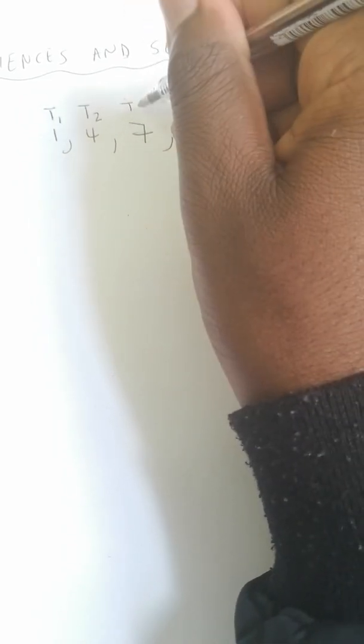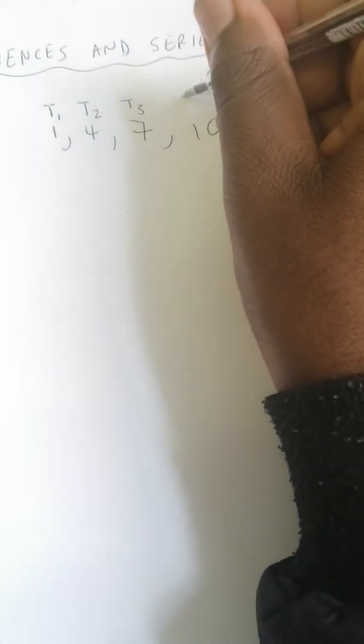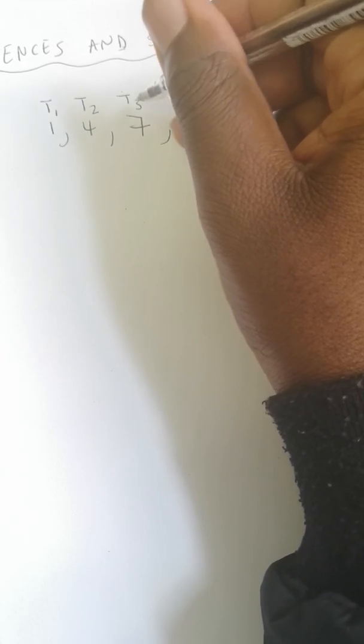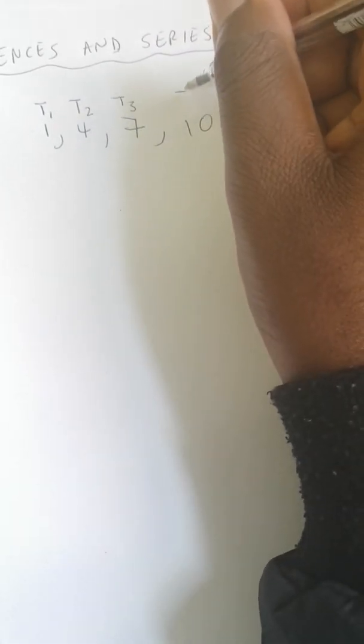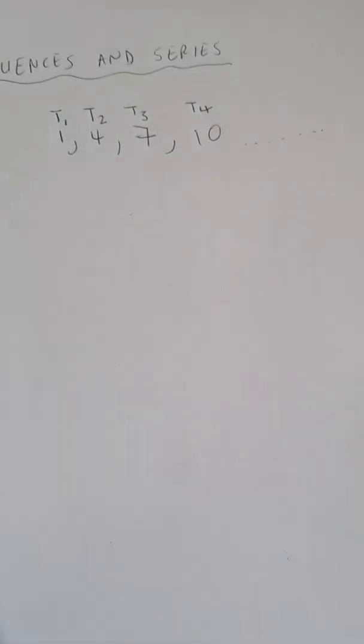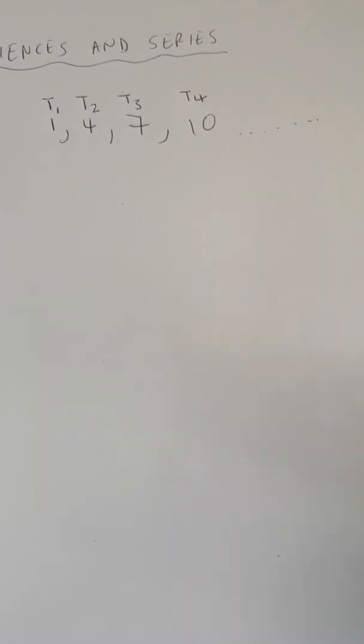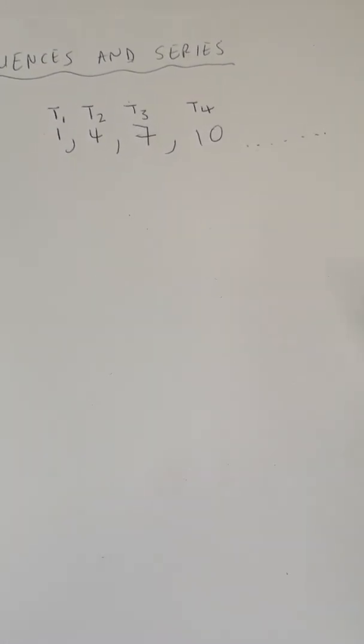We can say that 1 is the first term, which is T1, and 4 is the second term, which is T2, and 7 is the third term, T3, and 10 is the fourth term, T4.